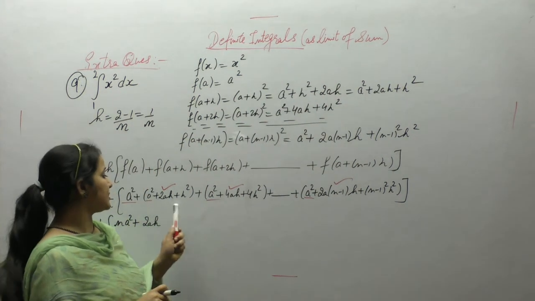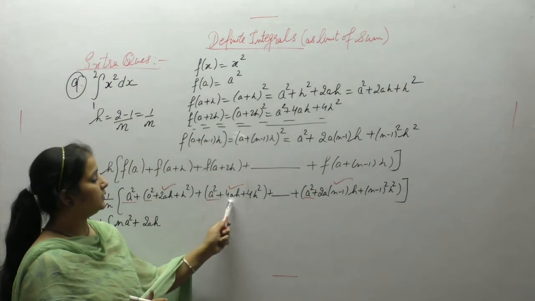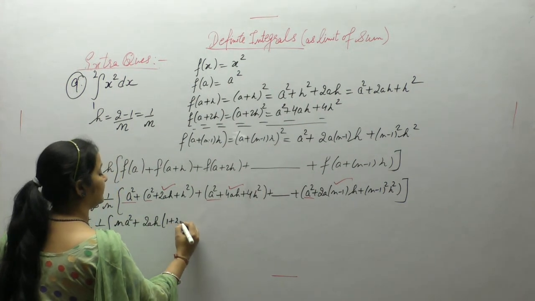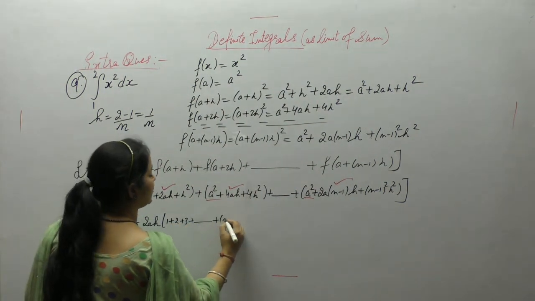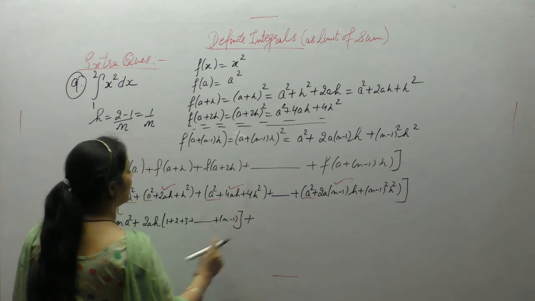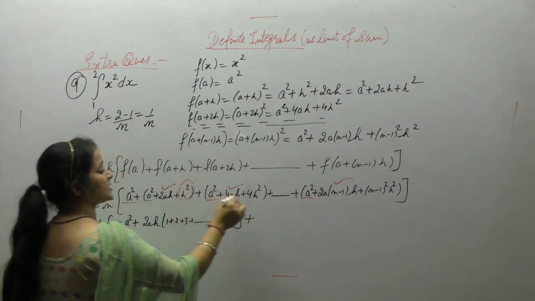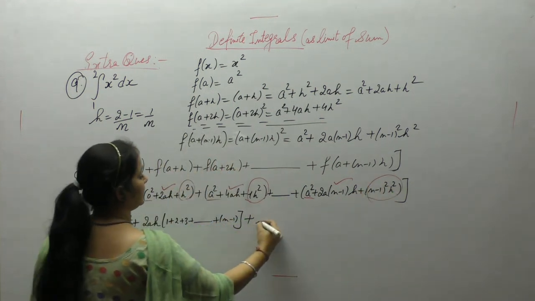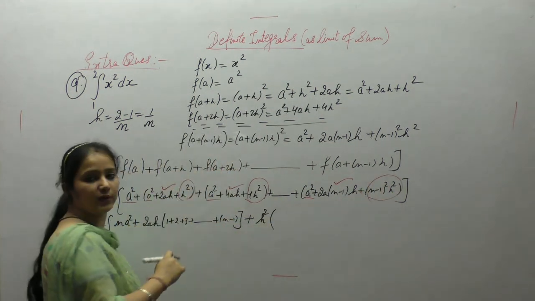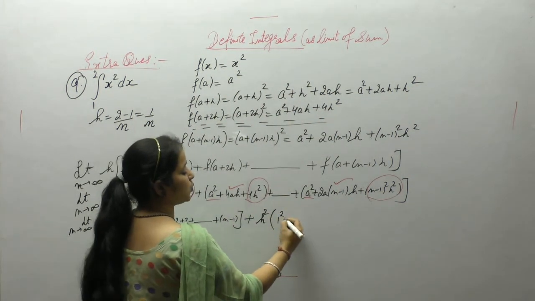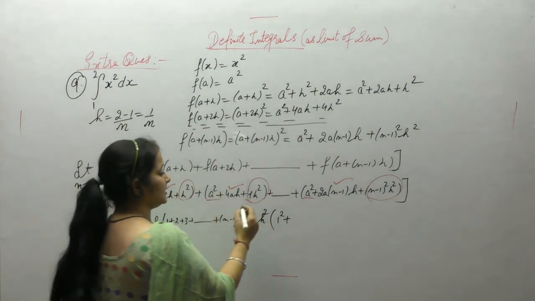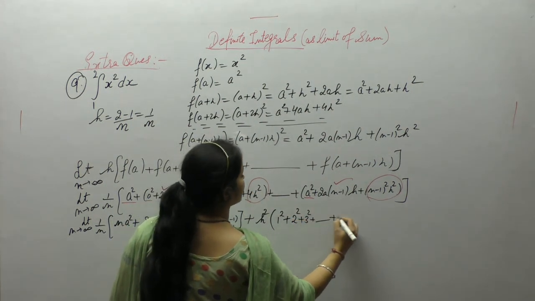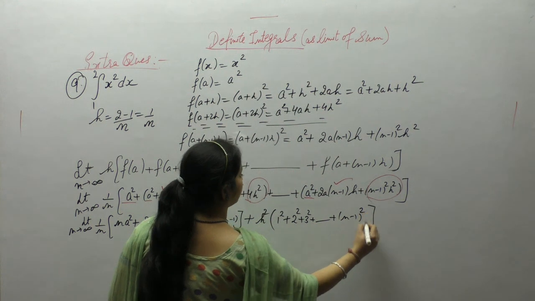After taking 2h common, here we are left with 1, 2 and so on up to n minus 1, 1 plus 2 plus and so on up to n minus 1. Now take the terms of h square. Taking h square common, in the first term we are left with 1. We can write 1 as 1 square, 4 that is 2 square, and so on up to n minus 1 square.